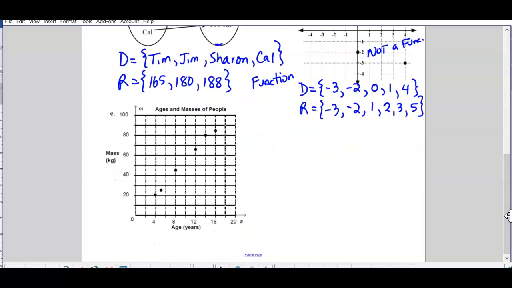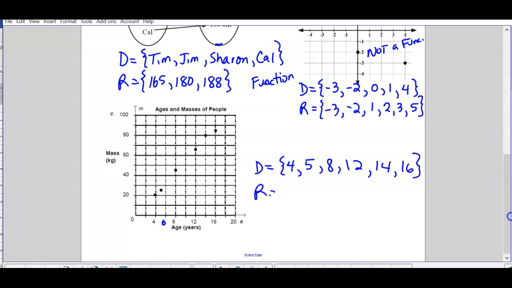Next one, this represents ages and masses of people. So here, for domain, as best you can, look at the scale. So that looks like 4, and then this would be 6, so halfway in would be 5, and then it looks like 8, 12, 14, and 60.